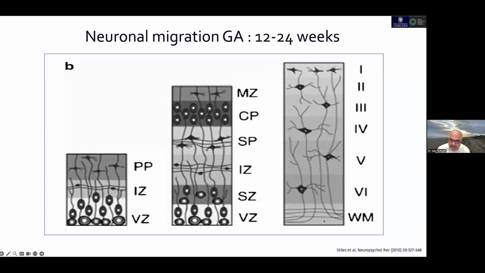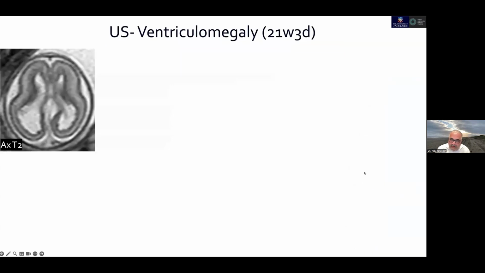This is going to be the white matter, which would have been the intermediate zone in the preceding periods. And coming back to the neuronal migration, the oldest neurons occupy layer 6. The youngest neurons occupy layer 1. So if there is under migration relative to the cortex, we pick up this finding.